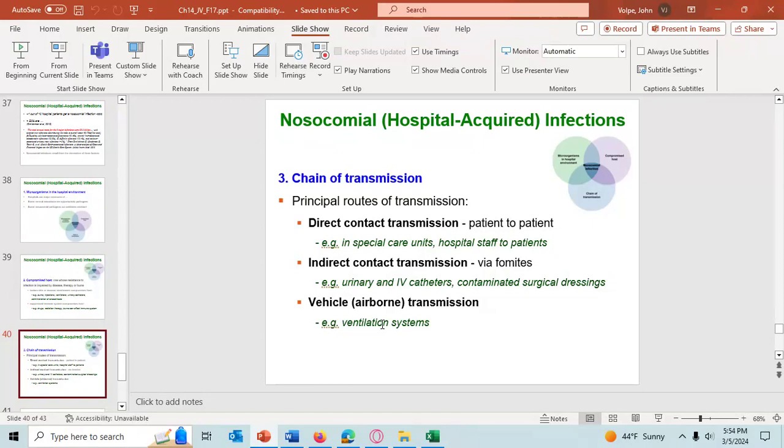There was concern in the hospital that the ventilation system may spread Ebola. And so what they did was they put the patient in a special unit and then cut the circulation from that room so it wasn't spreading throughout the rest of the hospital. I'm not sure that Ebola actually spreads by the ventilation system, but I'm just saying that was a concern. Any questions about the chain of transmission?